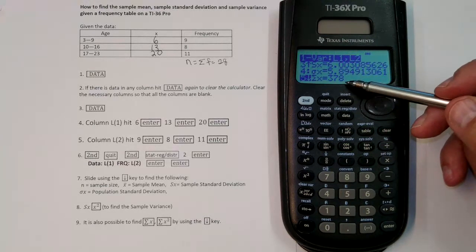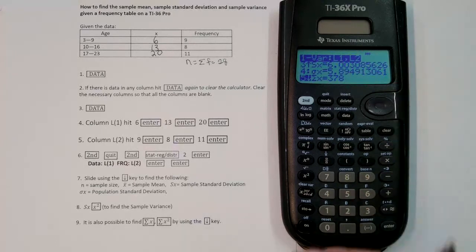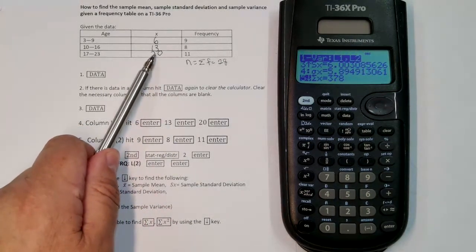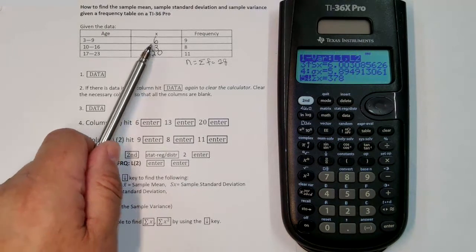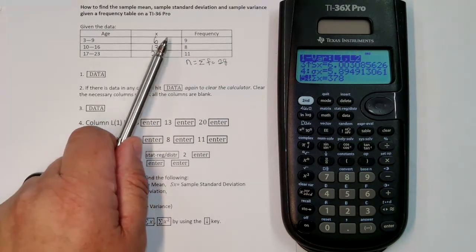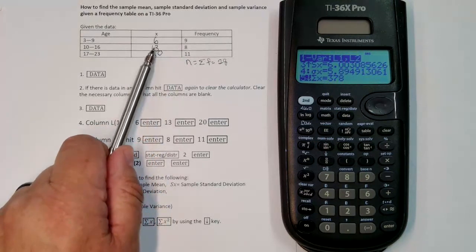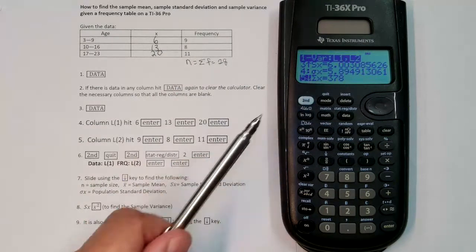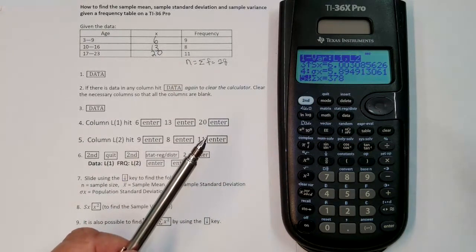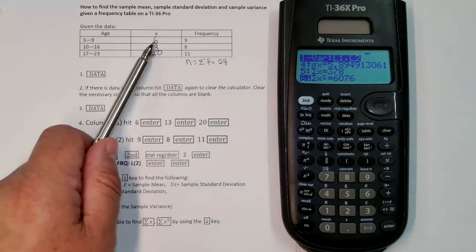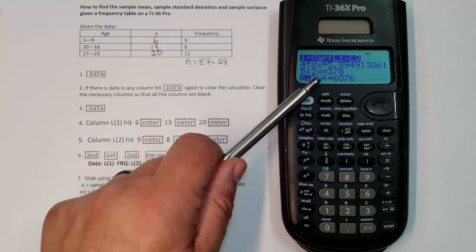Sum of the x's, 378. Now, if I look here, 6 plus 13 plus 20 isn't 378. No, what it is is this. Because there's 9 of these guys, you go 6 times 9 plus 13 times 8 plus 20 times 11 equals 378. And then the sum of x squared. If I just take these and square them and add them up, it's not going to be this.